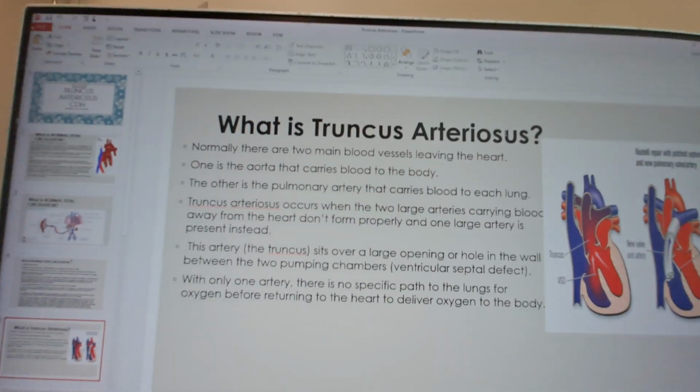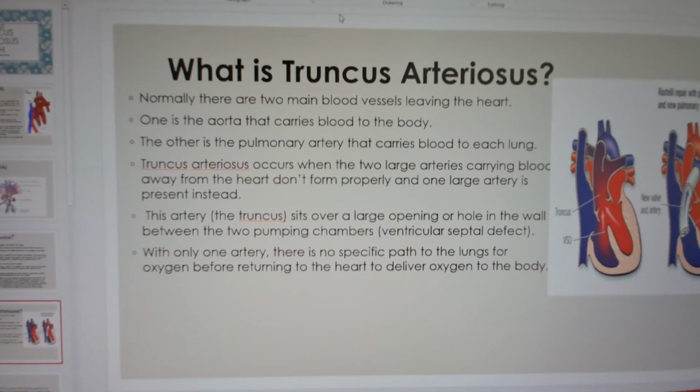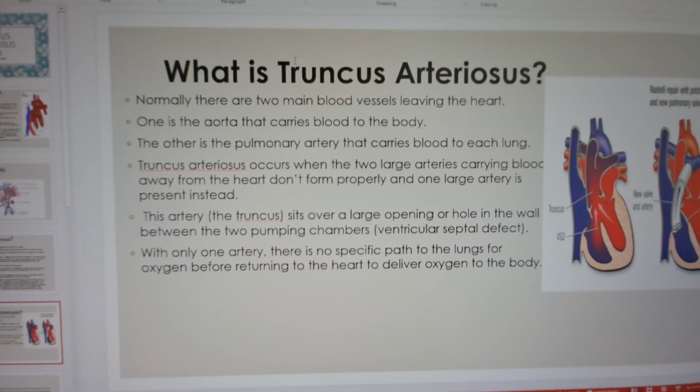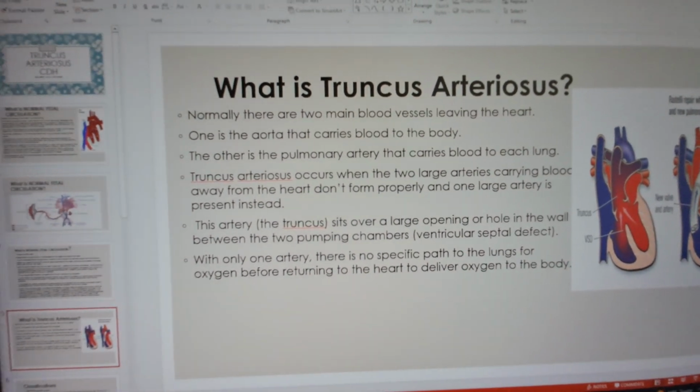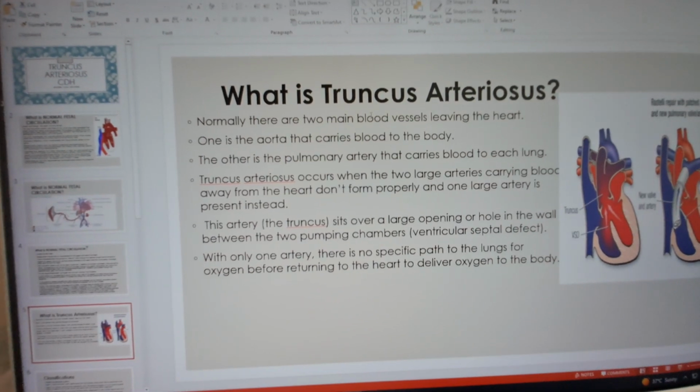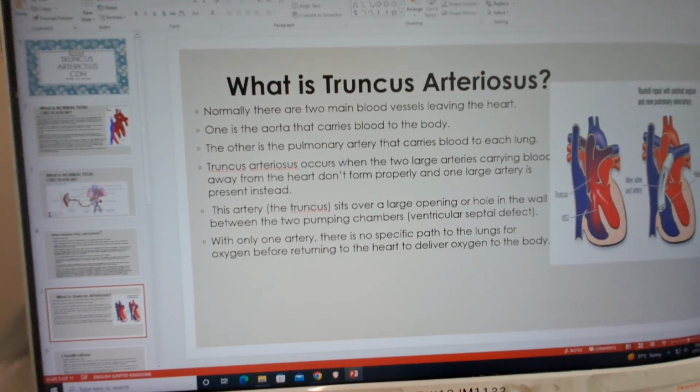Now we come to truncus arteriosus. As the name suggests, truncus means one trunk and arteriosus means arteries. Normally we have two main blood vessels leaving the heart, the aorta and the pulmonary artery.